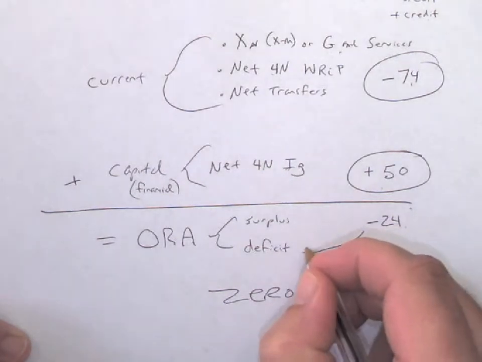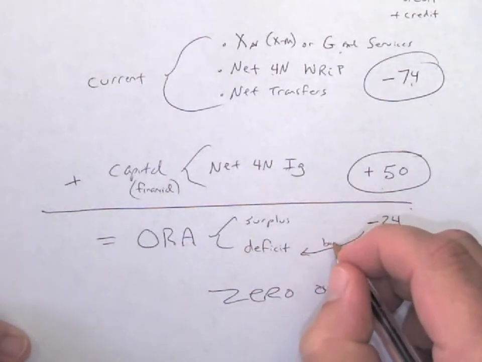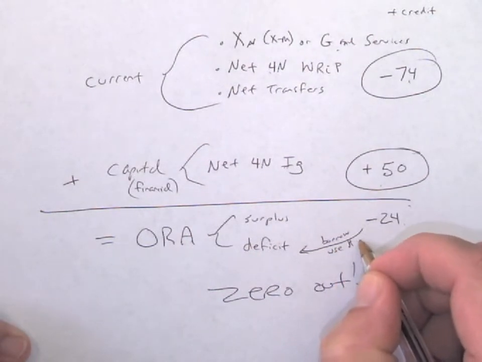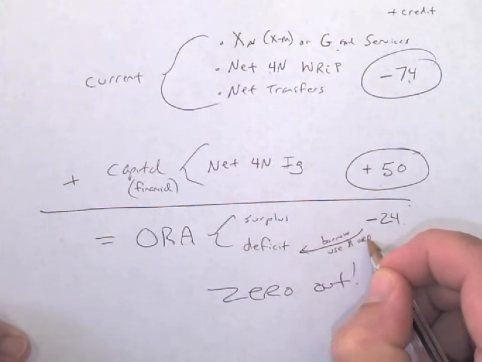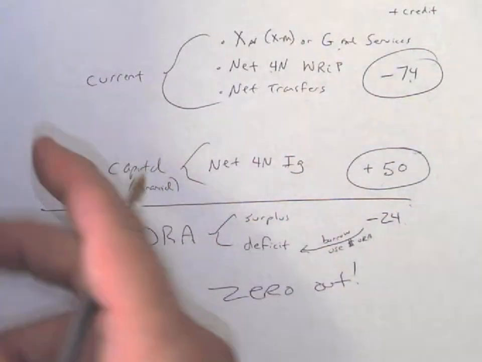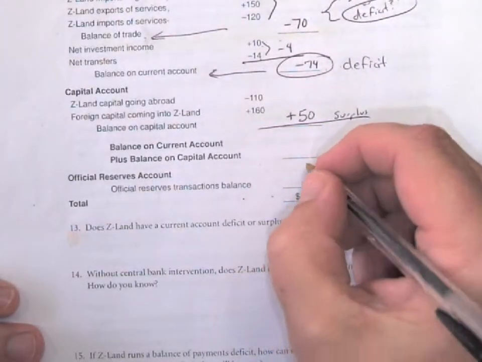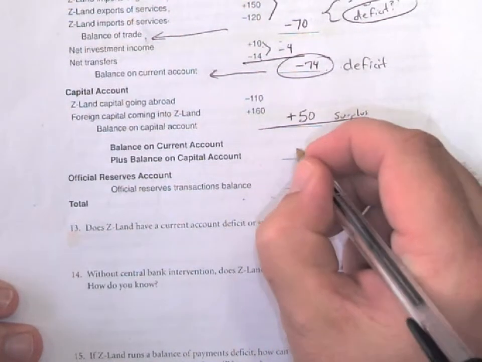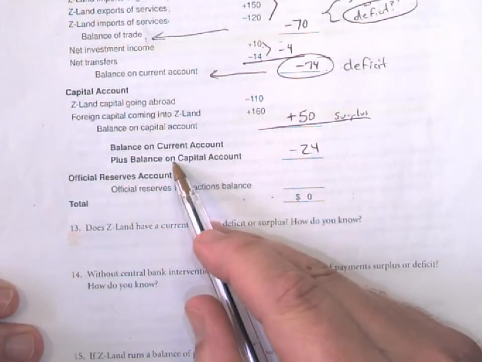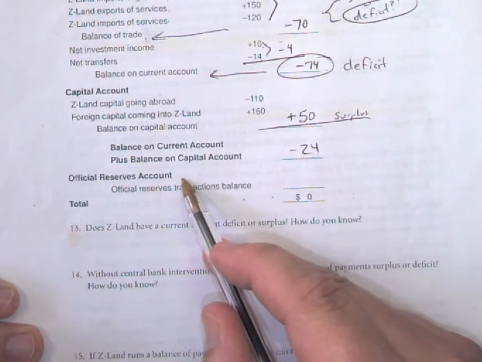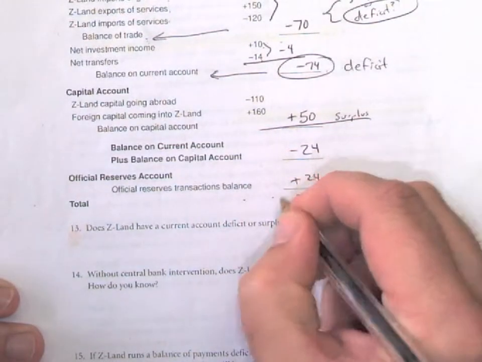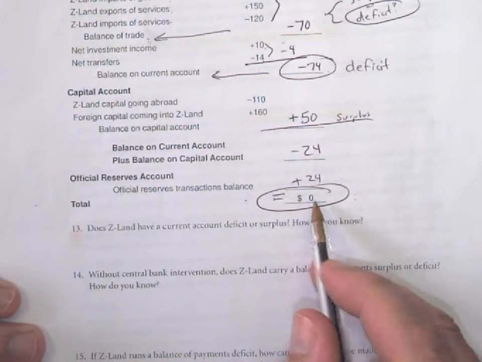If it's in deficit, we're going to have to borrow or use cash from last year's official reserves account. So that means we would end up putting a plus 24. We had our negative 24 for the current account plus capital account, so the official reserves transaction balance, we would need a plus 24, and then we could equal 0, and that's our goal right there.